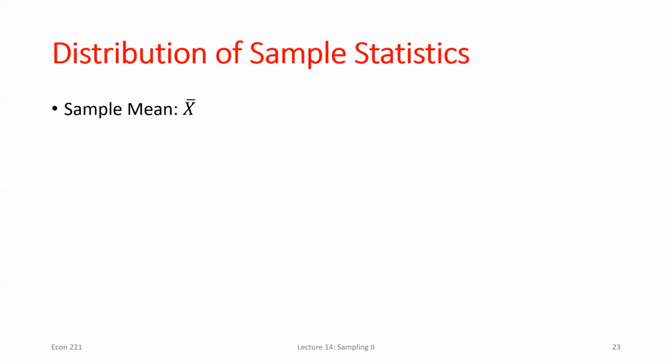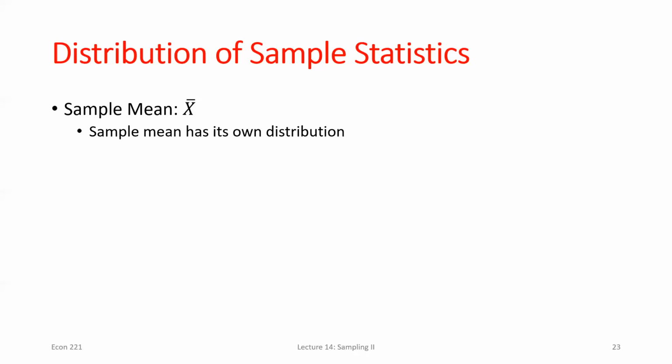So the sample mean has its own distribution. And just to think about this a little bit, in respect to income, if I select one person at random, I could see that they make $500,000. If I select 100 people at random, what's the likelihood I see that the average income is $500,000 across 100 random people? Pretty small, right?